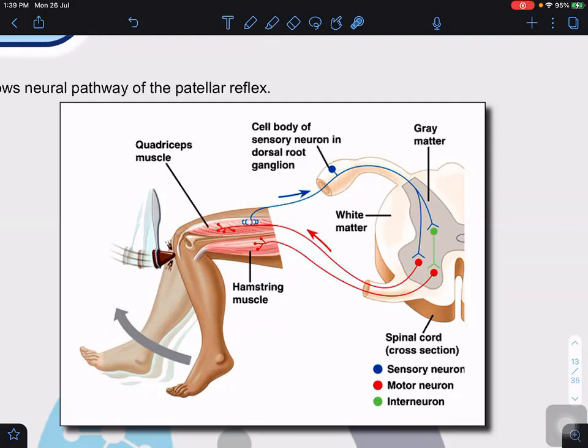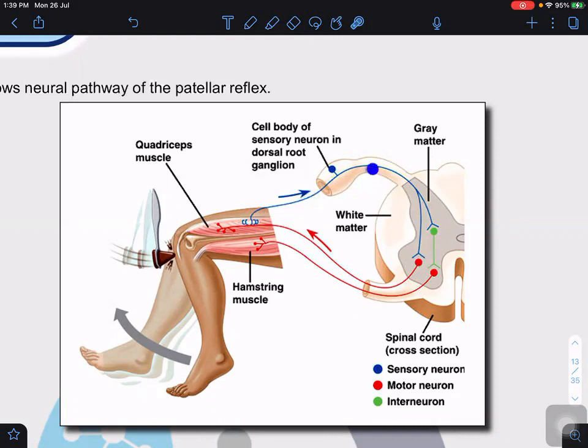So when you hit the kneecap, the sensory neuron that responds to the stretch generates an action potential, which is transmitted along to the central nervous system, the spinal cord.